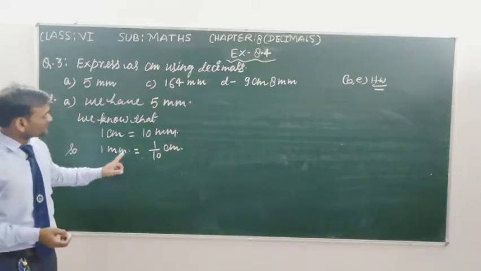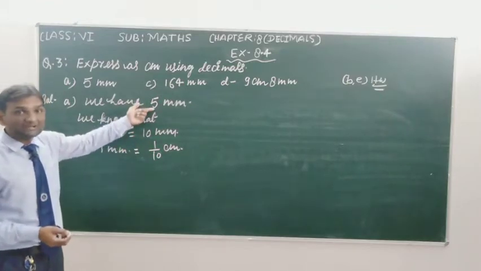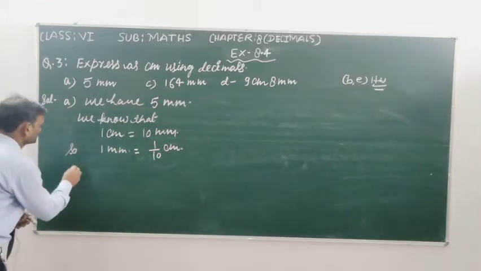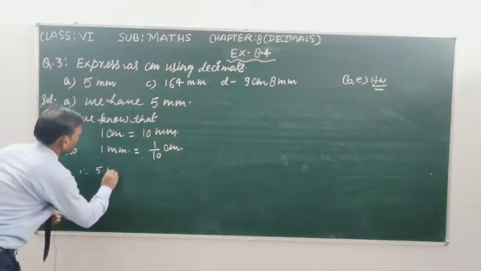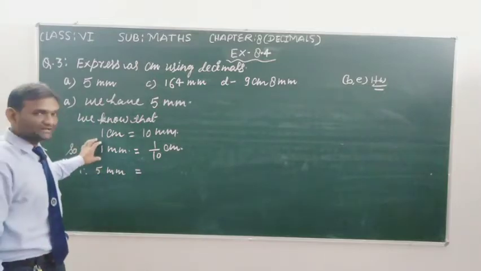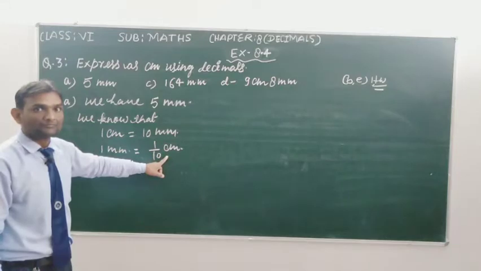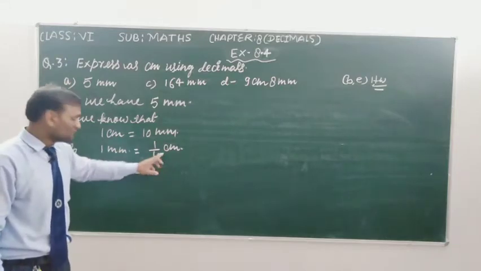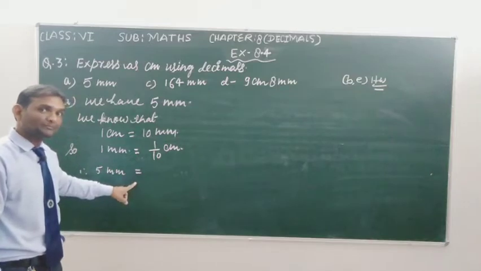If 1 millimeter is equal to 1 upon 10 centimeter, so 5 millimeter is equal to, student, we know the value of less things and need to find the value of more things, so we multiply.